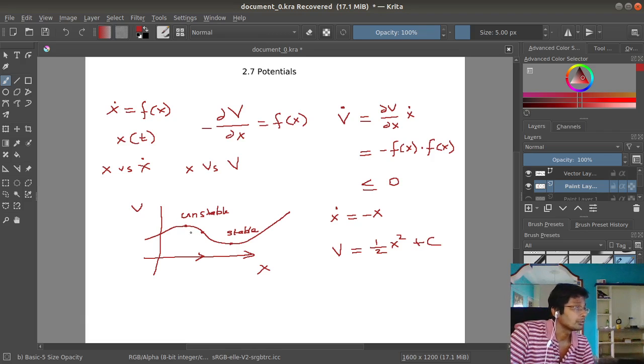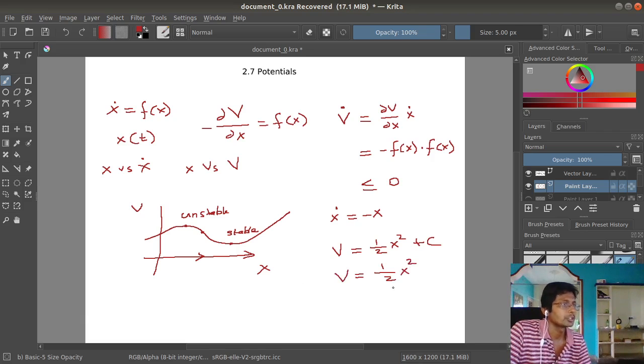By that shift this point is not going to change, or any of the character is not going to change, so it doesn't matter what the C value is. So for the sake of easiness, I am going to ignore the C by putting it as 0. So V is just half x square.